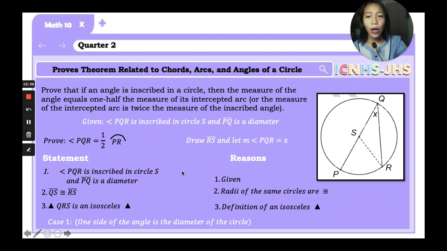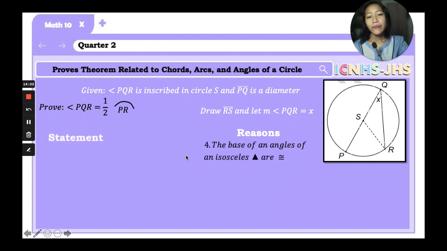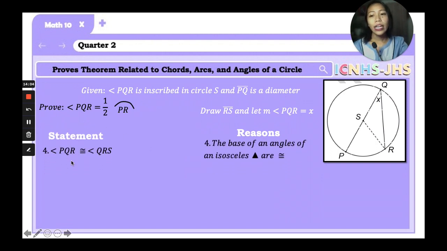Are we done with our proof? Not yet. Our goal for our proof is to prove that the measure of our angle PQR is half the measure of our arc PR. So for the next statement, we need to write our angle PQR congruent with our angle QRS.